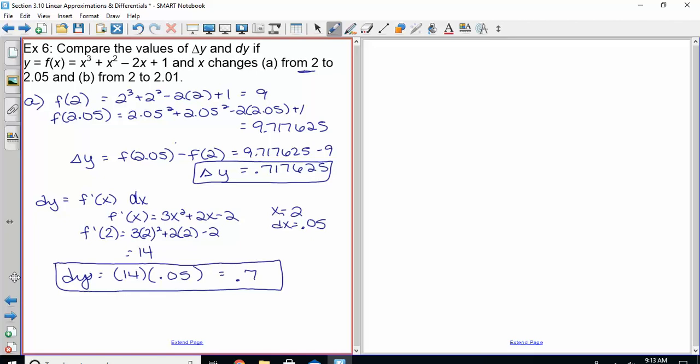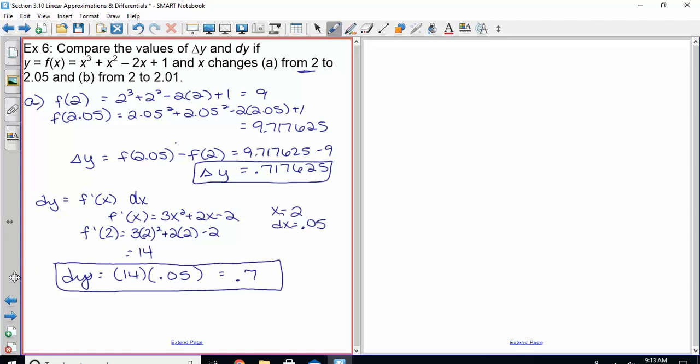Okay, so this says the true amount y changed on this curve was 0.717625. If we used our tangent line to try to predict it, we would have gotten 0.7. So, not too far off.